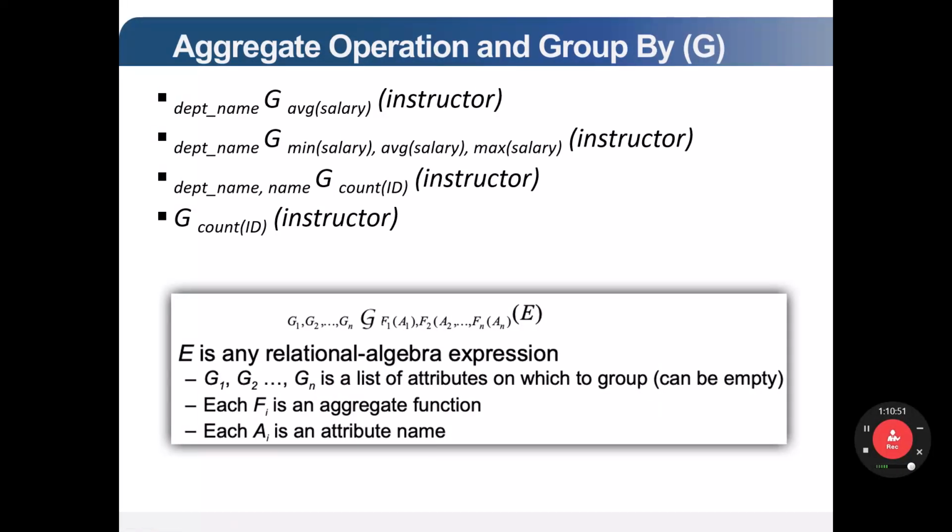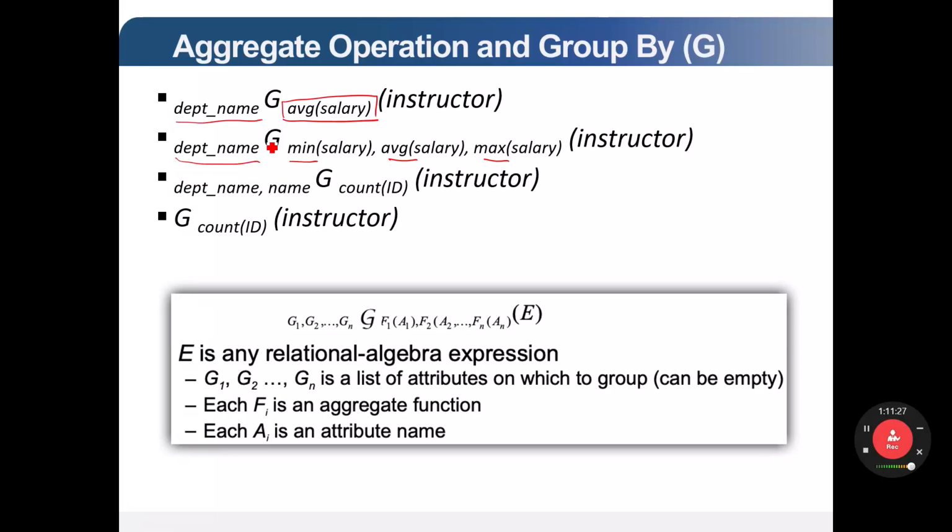Okay, so on the right side of this group by operator G, we need an aggregate function like minimum, average, max, and so on. On the left side, we need a couple of attributes that should be used to define independent groups.